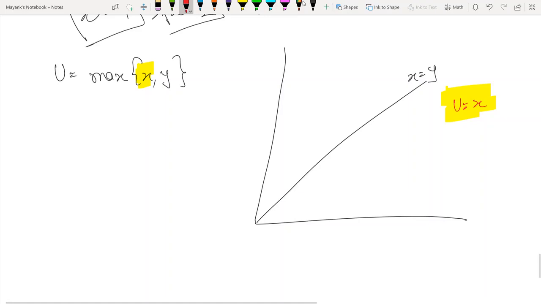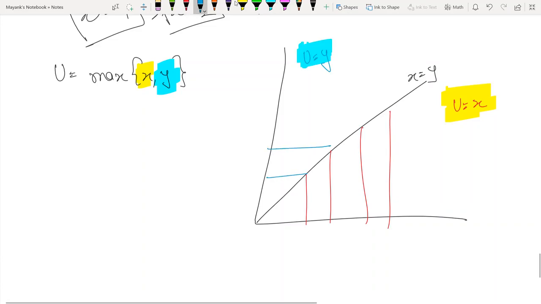Utility equal to x means the indifference curves will be vertical or horizontal? Vertical. And on this side you will have utility equal to y, which means horizontal. So these are inverted L-shaped curves. So that's your max function.